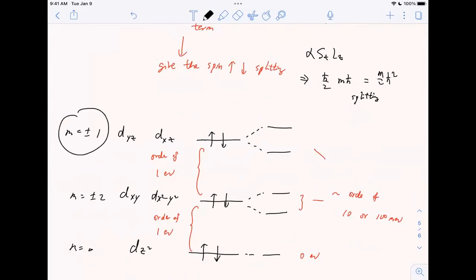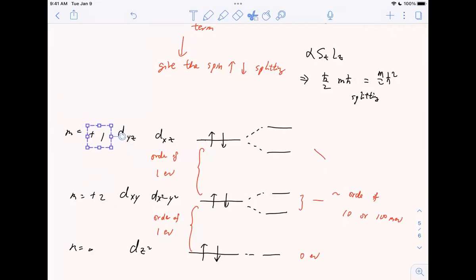This m plus and minus 1 here, you need to know they're in different values. So let me just use 1 first. Let me remove the negative sign, I don't want to make it complicated.